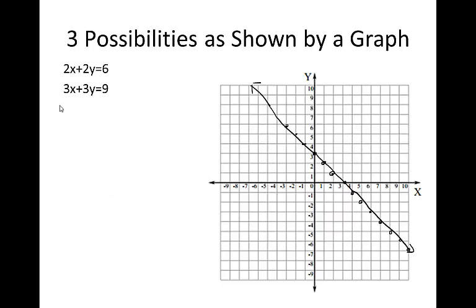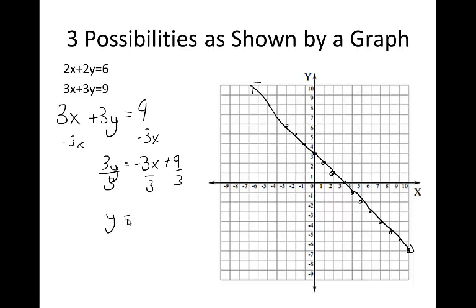I'll take my second equation and solve for y. Alright, now look at that. That's the same equation that I had before. I'll use a different color to show this, but I've got the same y-intercept, the same slope. So if I graph this line, it's going right on top of the other line. What we have here are overlapping lines or the same line.